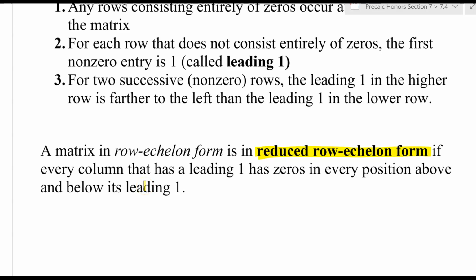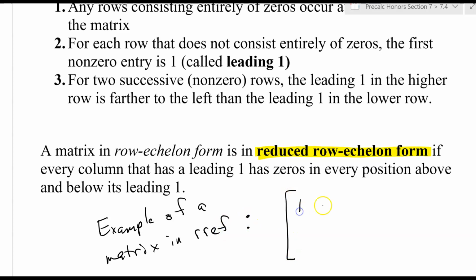So when we solve our systems using reduced row echelon form in the calculator, we end up with a matrix in reduced row echelon form. Here's an example of a matrix in reduced row echelon form.